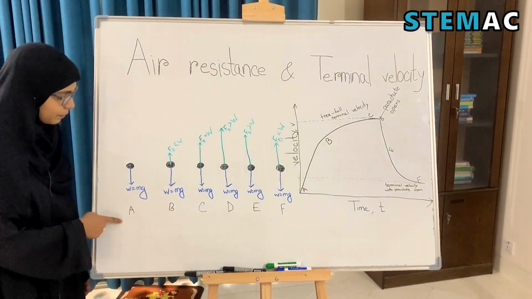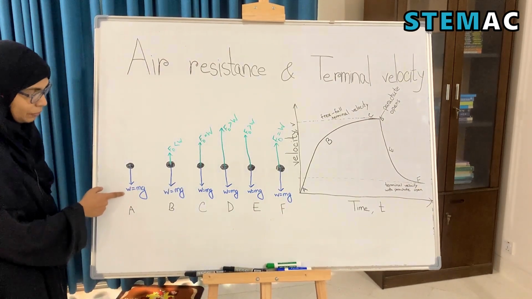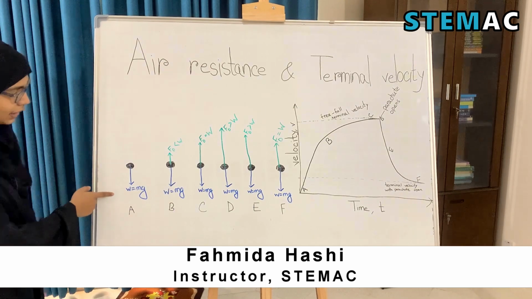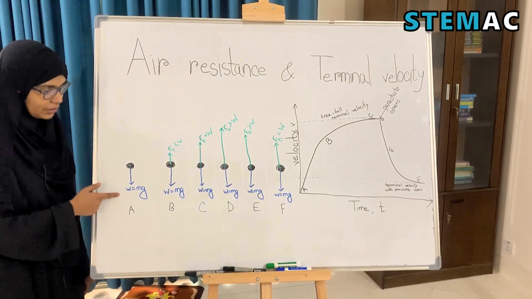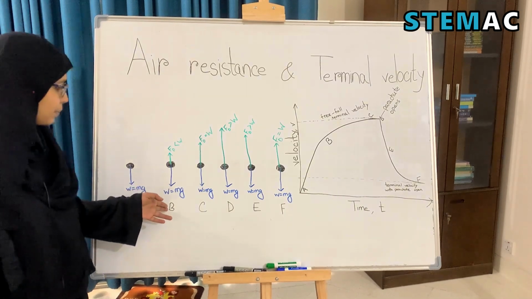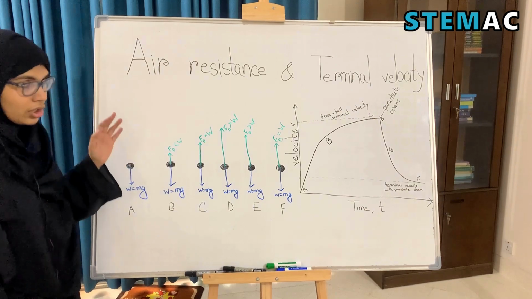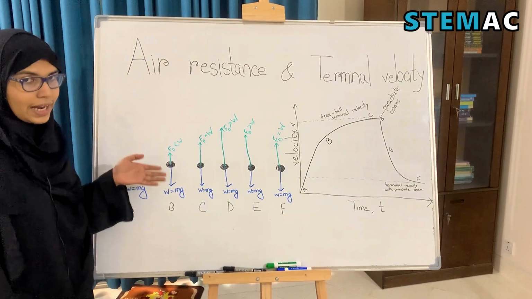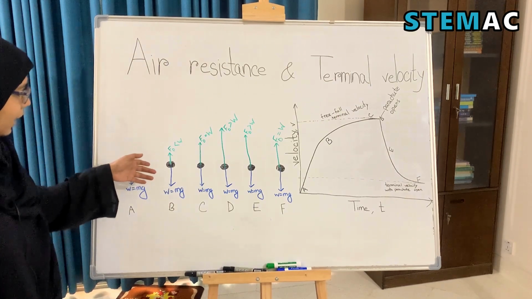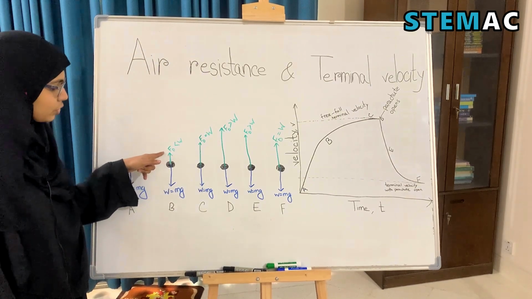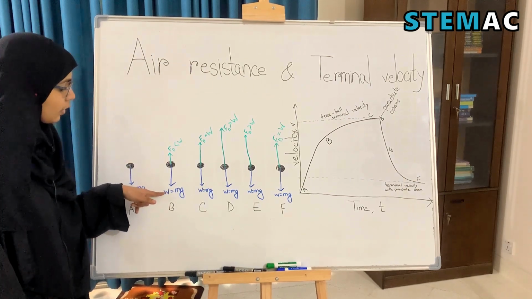At A, when the time was 0, the resultant force was W and acceleration was occurring at 9.81 meters per second squared. At B, as the velocity of the skydiver is changing with time, drag force starts to act and it was lower than the weight force.